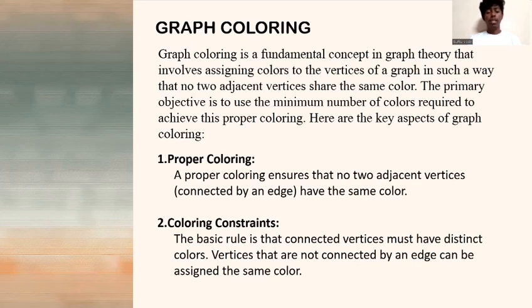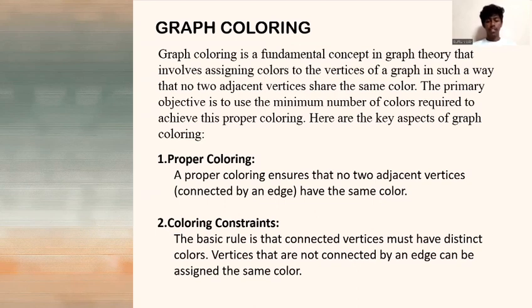There are some key aspects in coloring the graph. First one is proper coloring. Proper coloring means we should color the graph in such a way that no two adjacent vertices have the same color. The vertices which are not adjacent may have the same color or different colors, but the adjacent vertices should not have the same colors.